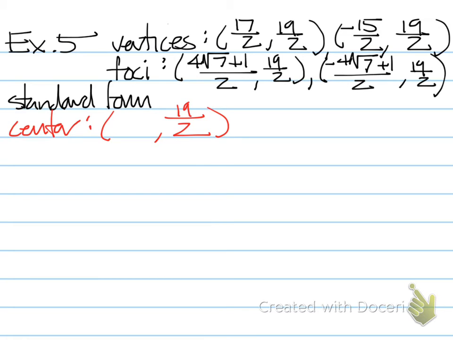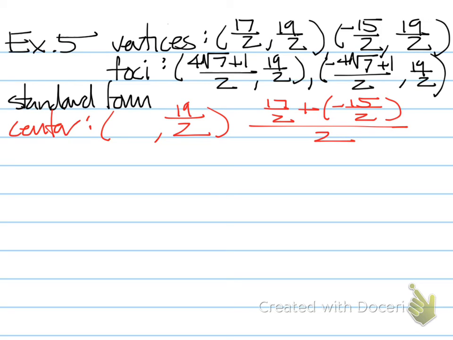So since the y coordinates of the vertices are the same, that tells me that the ellipse is horizontally aligned. The y coordinate of the center is going to be the same as the y coordinate of the vertices. And then to find the x coordinate of the center, I'm just going to find out what the midpoint is for the x coordinates of the vertices.